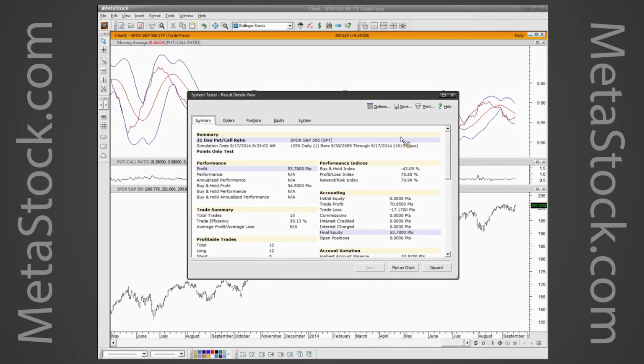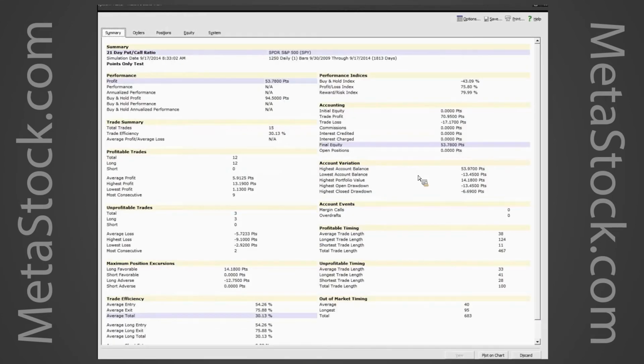Let's see, George, we have another question about what is the most important figure to look for on this page. I'm not sure that there's one specific thing that's most important. Obviously your profit is important, but I prefer to look at the total number of trades, because obviously more trades means more commissions.